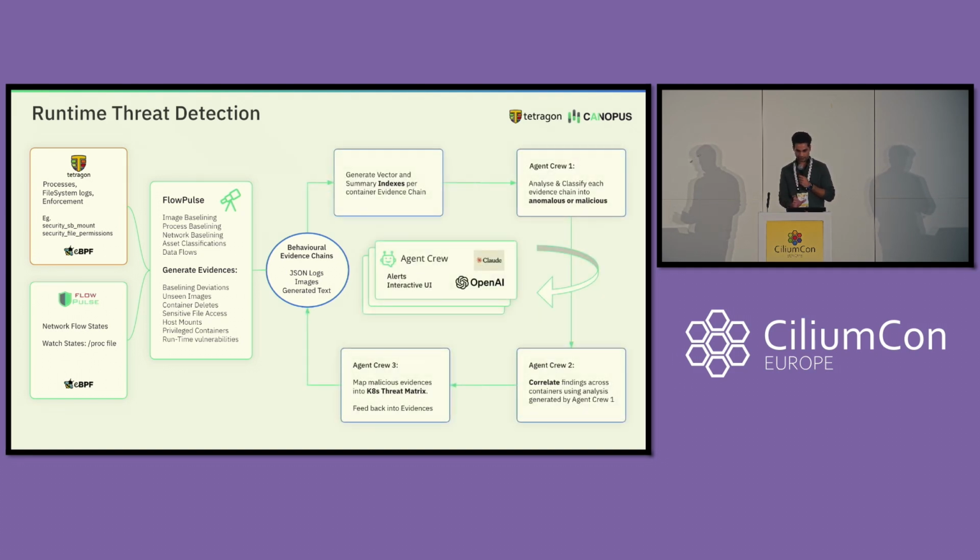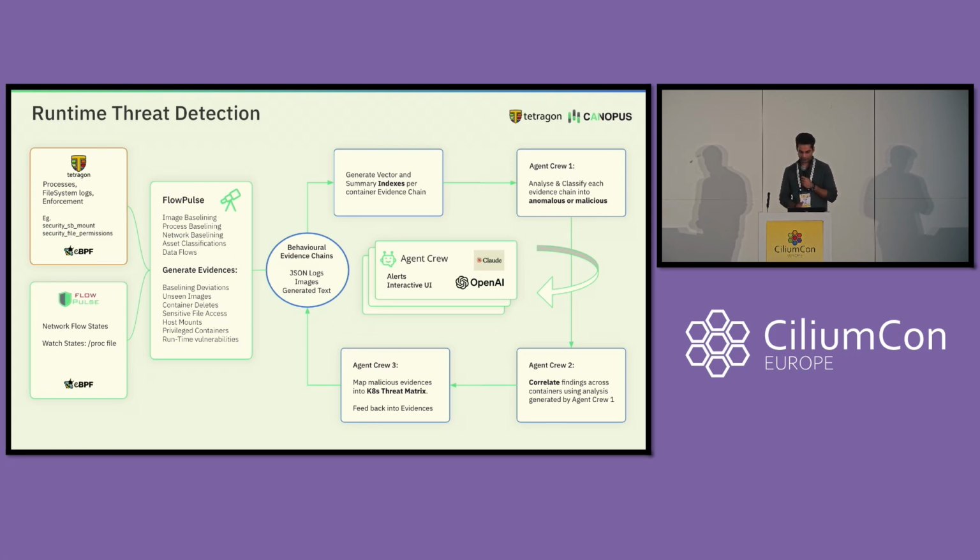Here, the agentic workflow is a little bit more sophisticated, comprising 3 different crews. The first one analyzes and classifies the evidence chain for every container as malicious or anomalous. Anomalous could come from config errors, or malicious as a result of a threat actor. The second crew then correlates these findings of individual containers to other containers across the whole workloads and cluster.